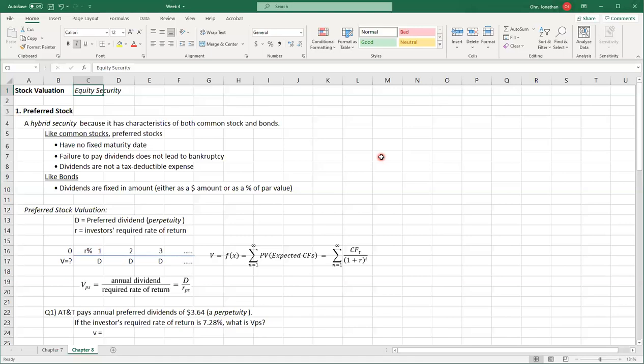Failure to pay the preferred dividend does not lead to bankruptcy, so it is not the end of the world and does not create that big a problem. Dividends are not tax deductible, like the common dividend. Those are the characteristics of common stock.